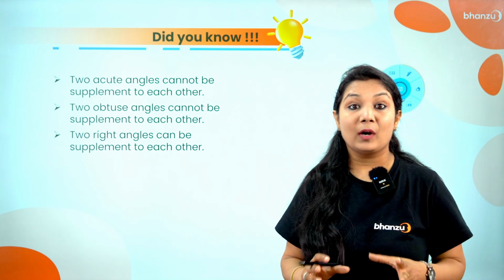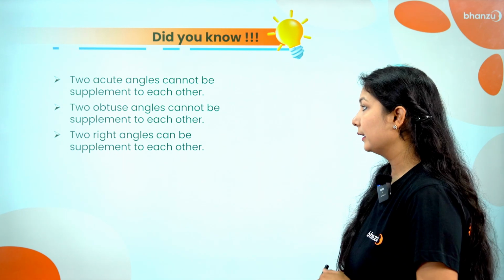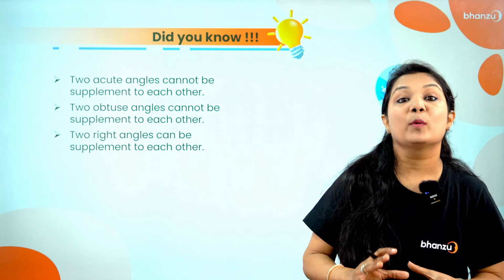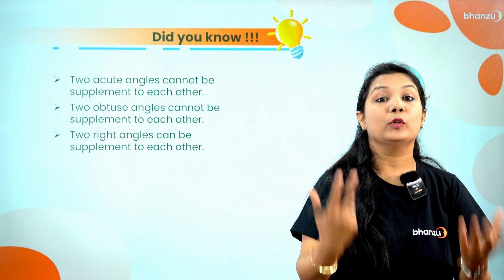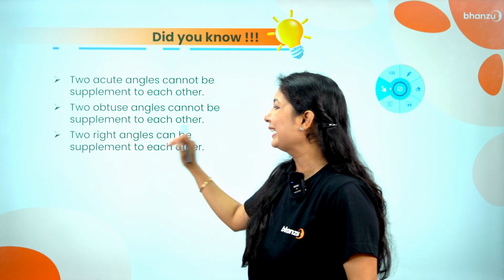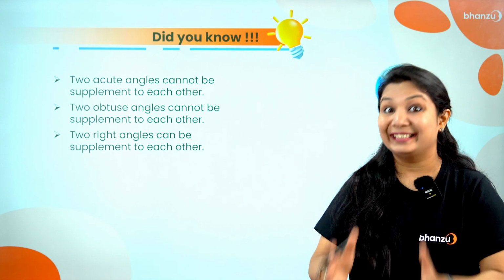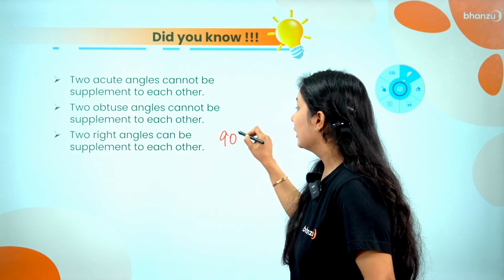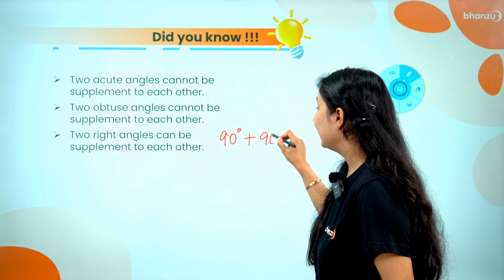Great. So moving ahead, did you know two acute angles cannot be supplements of each other? Why? Because if you add them, you do not get 180 degrees. Two obtuse angles cannot be supplements of each other because they would exceed 180 degrees in every case. Can two right angles be supplements of each other? Yes. What is the measure of a right angle? It's 90 degrees. So what is 90 degrees plus 90 degrees?